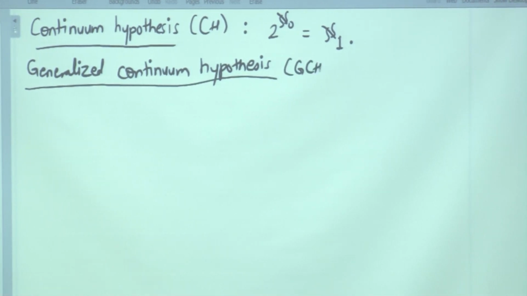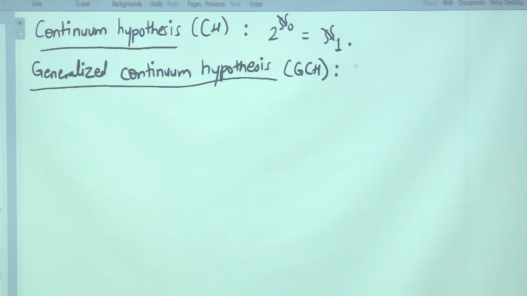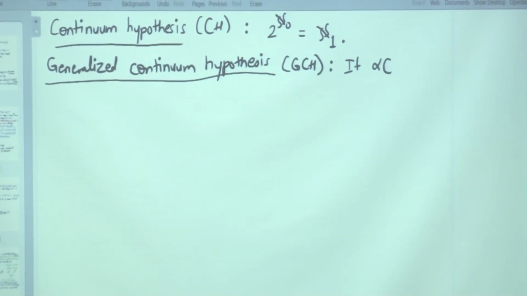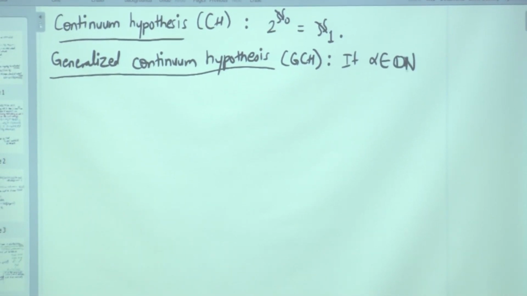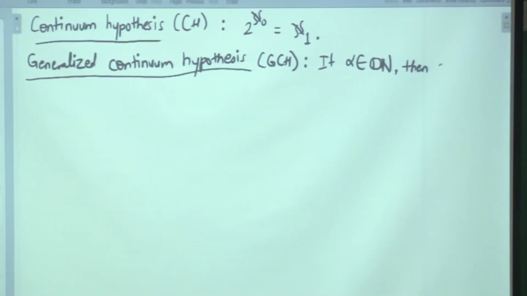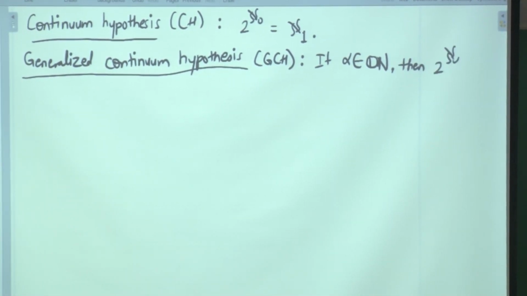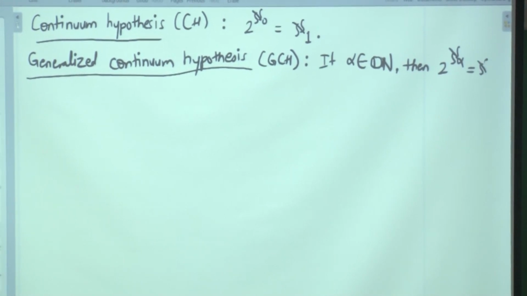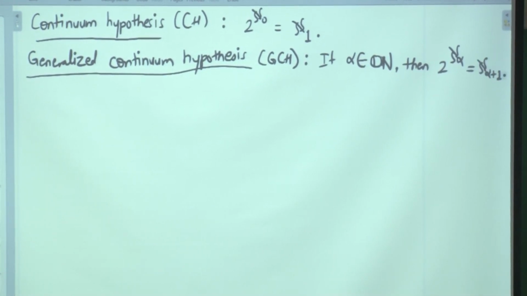It says that if alpha is an ordinal number, then 2 to the aleph alpha is equal to aleph alpha plus 1. So the power set of any infinite set is the immediate next cardinal number.